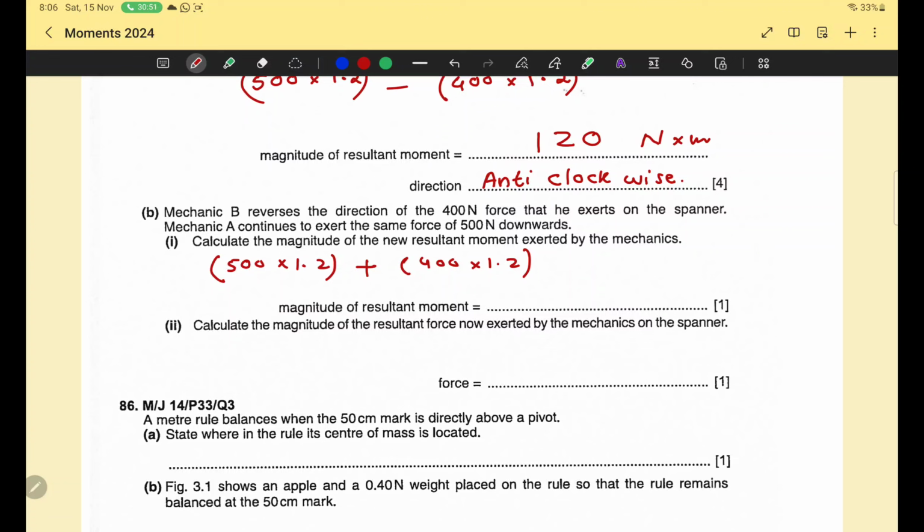Yes beta, 1080. This is the magnitude of the resultant moment.